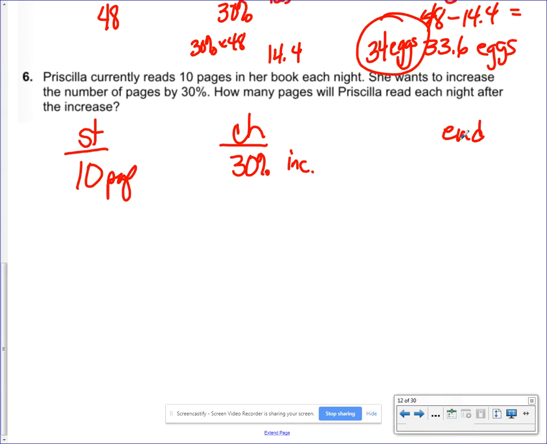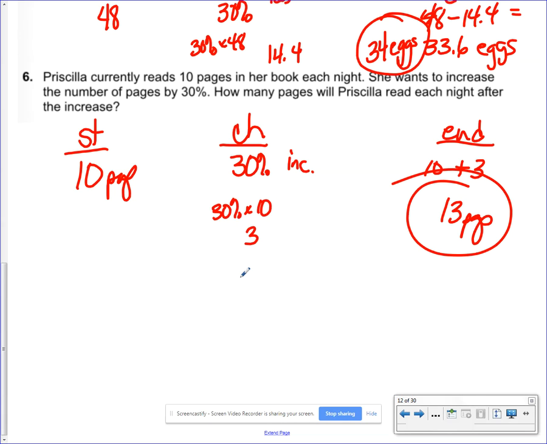Your job is to find out the ending value. Well, if it's a 30% increase, take 30% times 10. That gives us 3. All right, 10, 3. It's an increase, so you're adding 13 pages. Boom chaka-lucka. Now we're cooking.